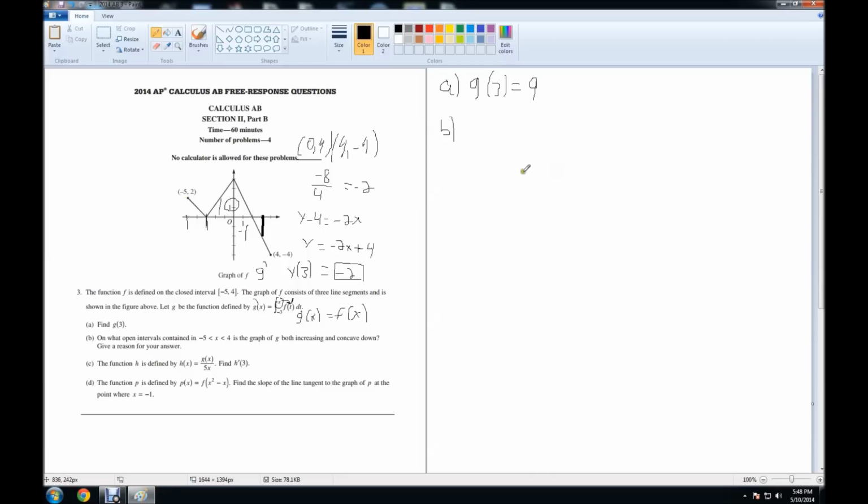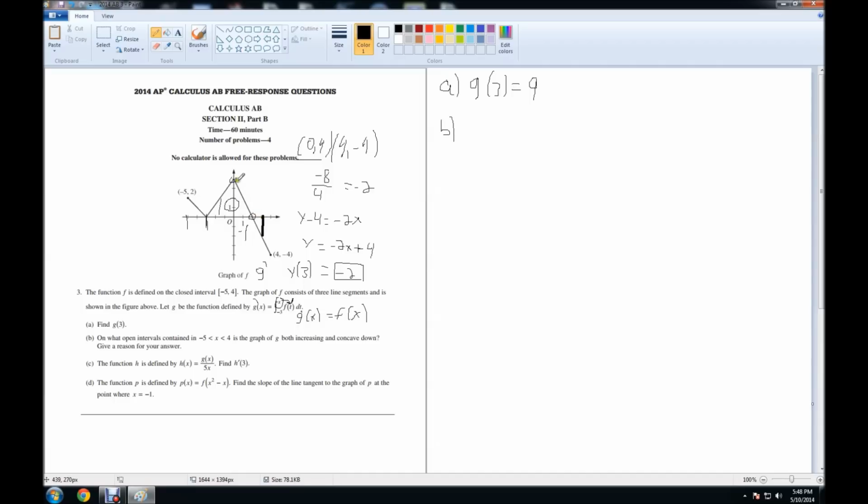So, by looking at this, we can tell that the two intervals where the graph of g is both increasing and concave down would be wherever the values are positive and wherever they're decreasing. So, by looking at this graph, I know that it's from -5 to -3, and from 0 all the way to 2.